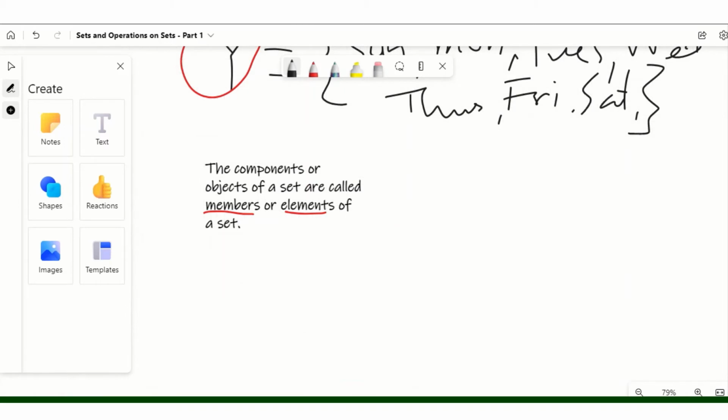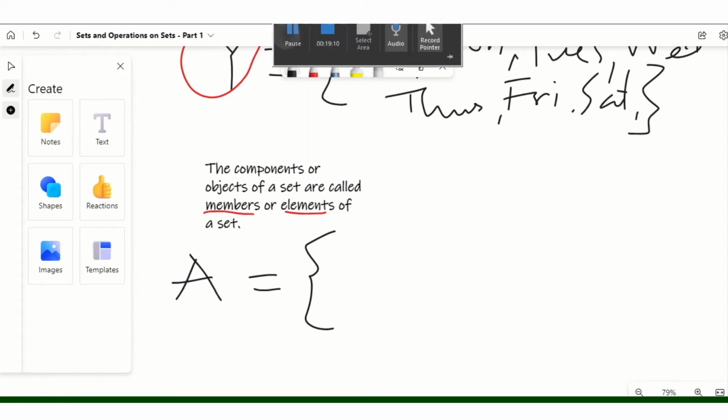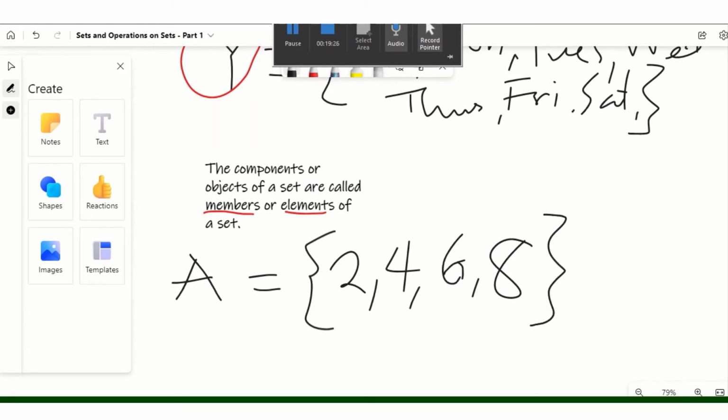Let's say we have a set A, and the members are 2, 4, 6, and 8. Remember the curly brackets. So for example, you have this set 2, 4, 6, 8.